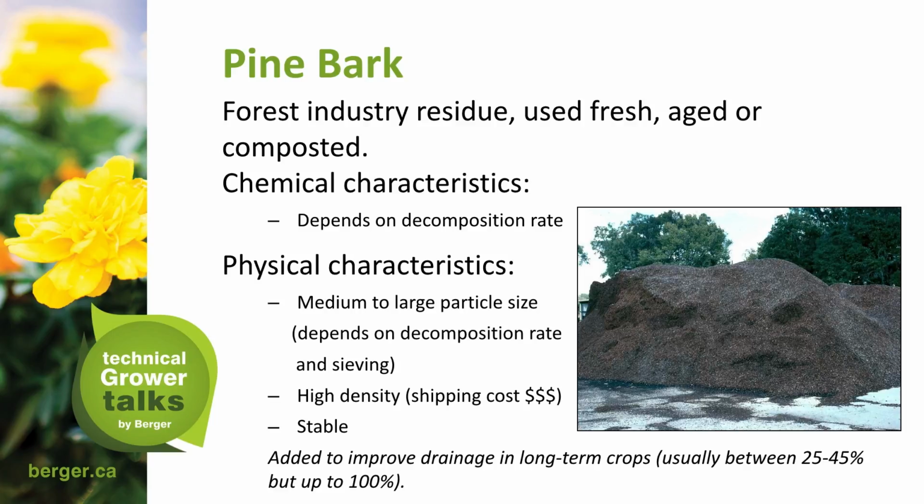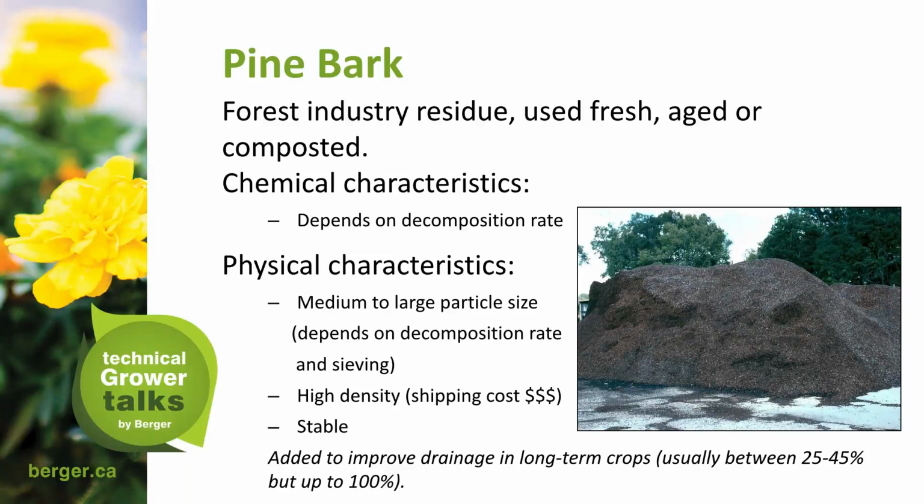High density, so shipping cost is higher if we compare it to the very light perlite that we use as an aggregate. It is stable. Added to improve drainage in long-term crops, usually between 25 to 45%, but up to 100%.